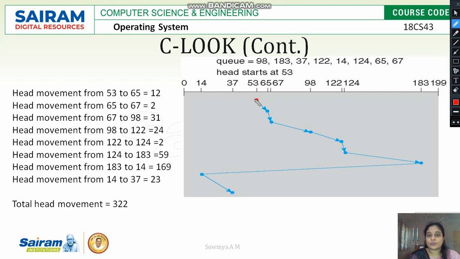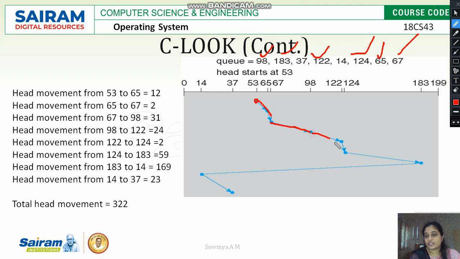So it starts like C-scan. From 53 it will start moving to the higher end, and from 53 it will find 65 on the way, then 67, then 98, then 122, then 124, then 183.